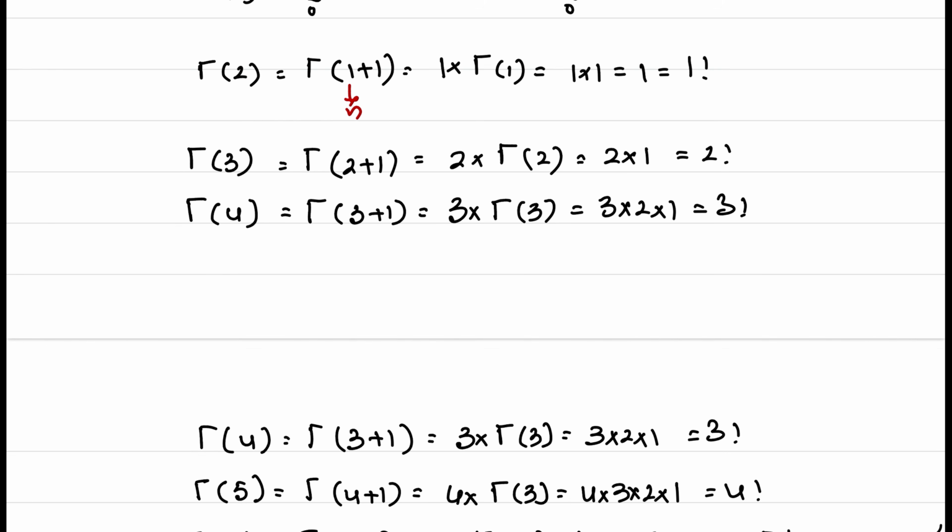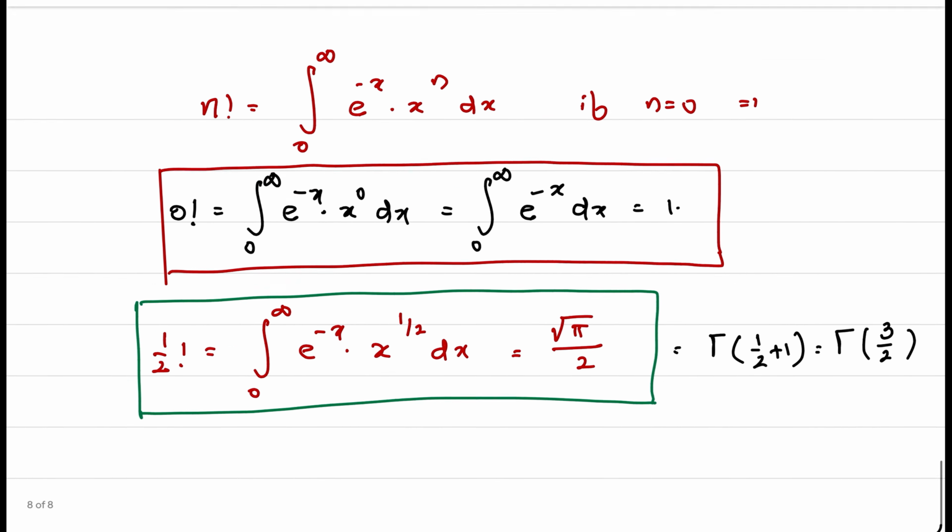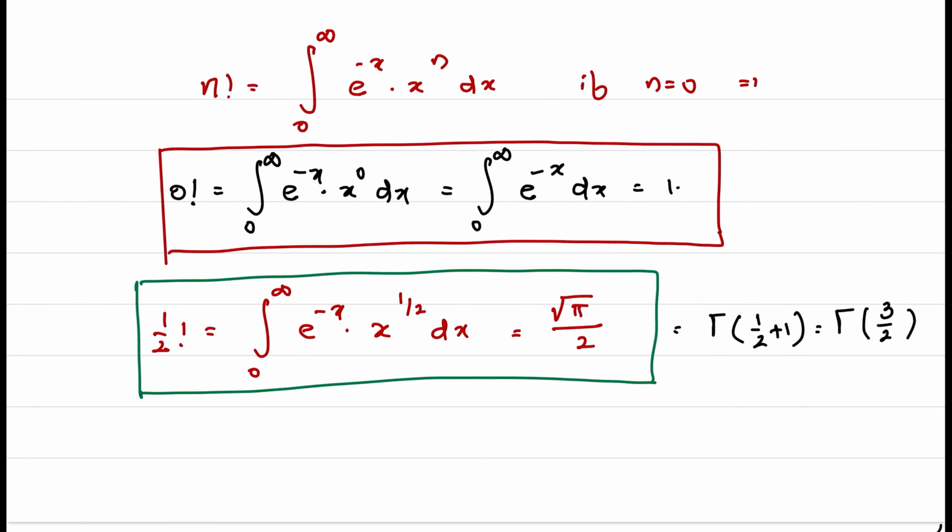Gamma 2 is factorial 1, gamma 3 is equal to factorial 2. Gamma 3 by 2 is factorial half. Now, let's move further.